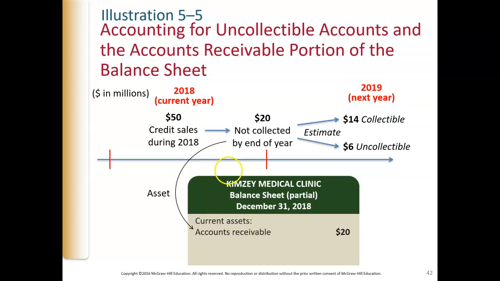Okay? That's why in the current period, instead of showing, oh, we have accounts receivable on our books of 20, no, we know we're not going to get it. So we adjust it now to show realistically we anticipate really only $14 million of accounts receivable.